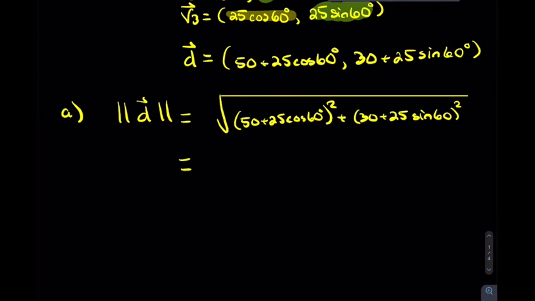Simple as that. If we plug that into our calculator, we will get 81.08 kilometers. But this seems to be more of a physics type question, so we would probably just round it to 81 kilometers.